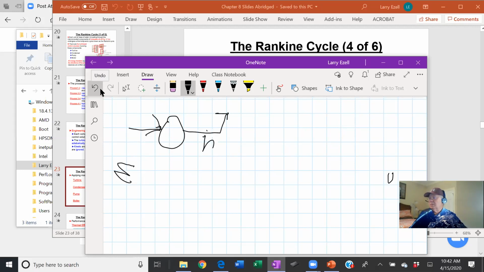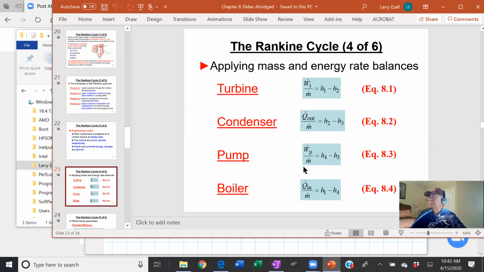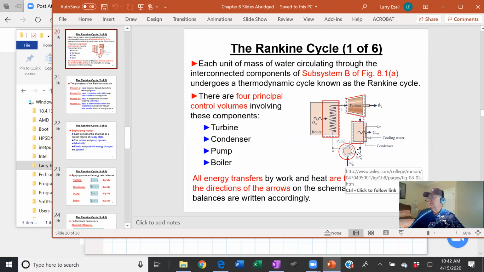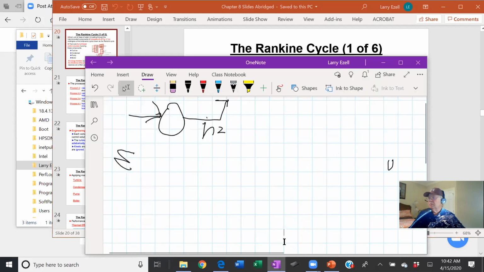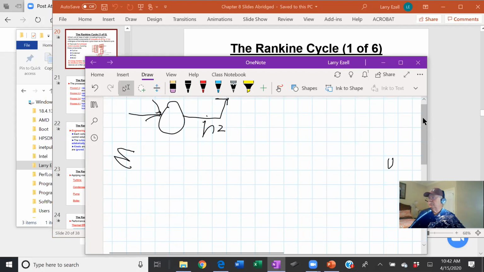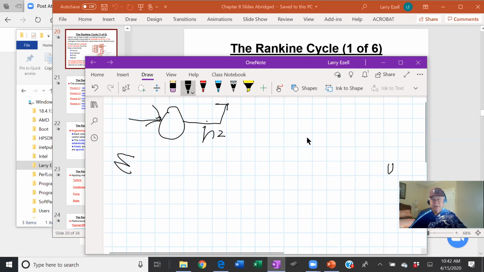The inlet to the pump is 3 and the outlet is 4, if you look at that circuit. So that's state 3, and this is state 4.